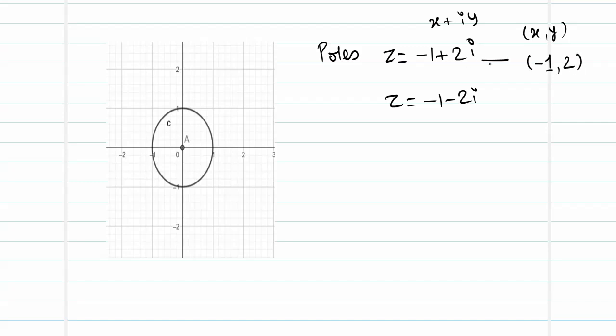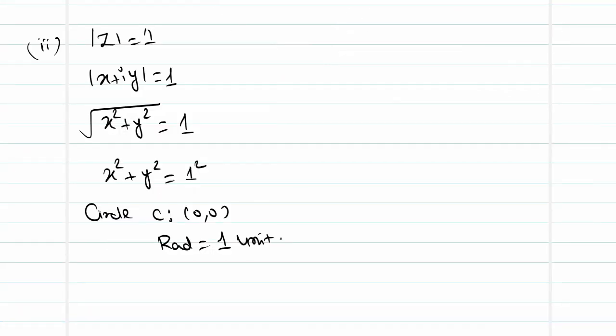So this pole corresponds to the point -1 comma 2, and the second pole corresponds to the point -1 comma -2.